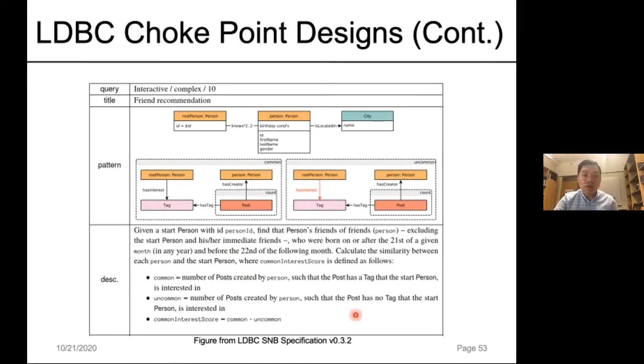So this query actually involves 9 choke points, including the join type selection, common subexpression elimination, and flattened subqueries. For example, this query looks for paths of length 2, starting from a person to their friends and friends of friends.